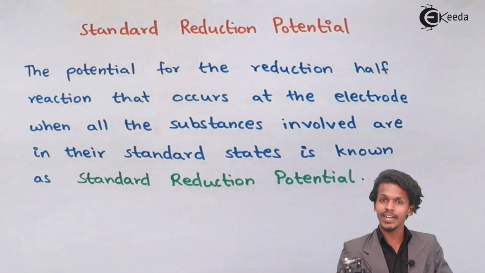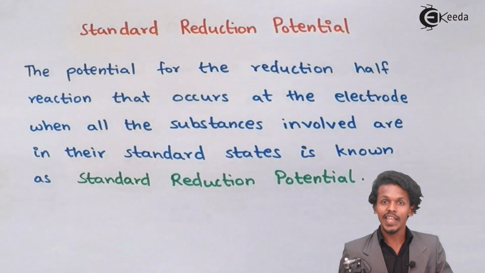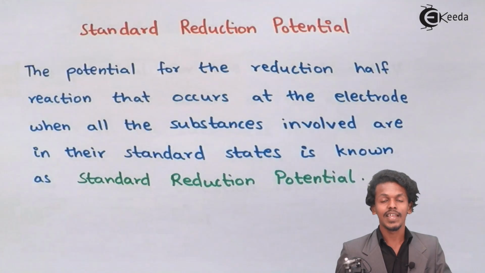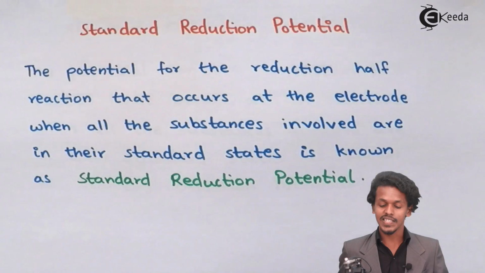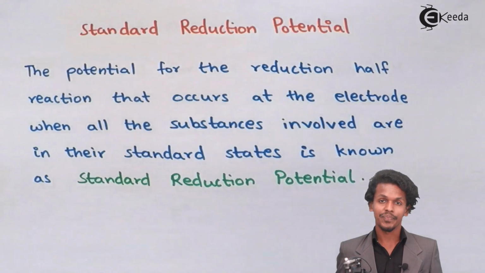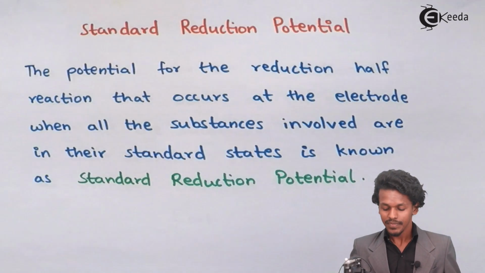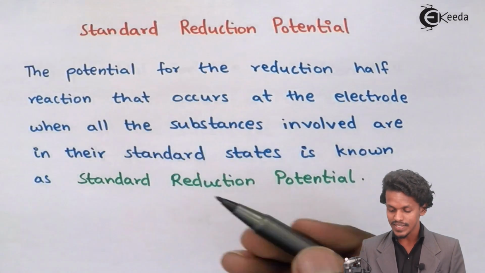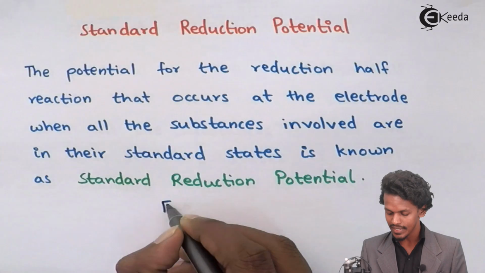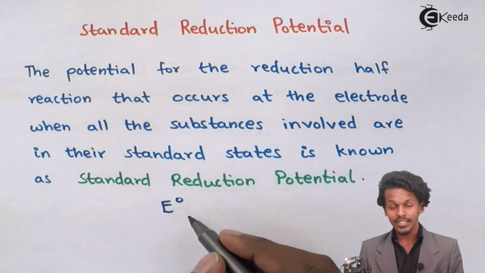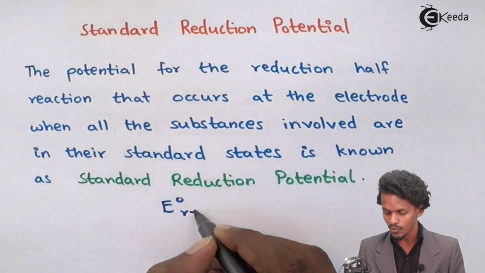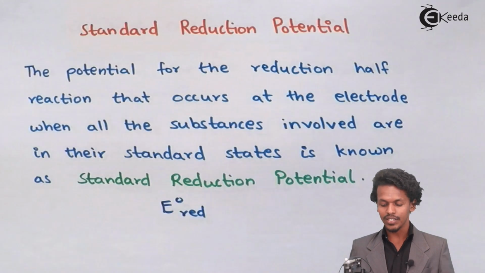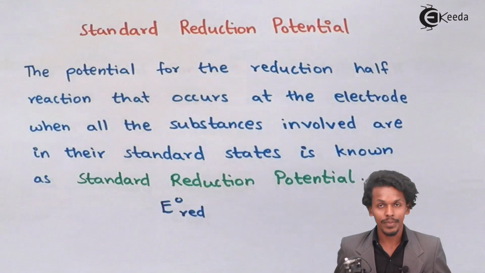So these are the standard criteria that should be maintained, and the potential that has been calculated during this condition is said to be a standard reduction potential. So simple. But we could denote it in a very easy way: for a standard reduction potential I could denote it as E naught, and since we are talking about a reduction potential, I could name it as E naught of reduction for a particular electrode.